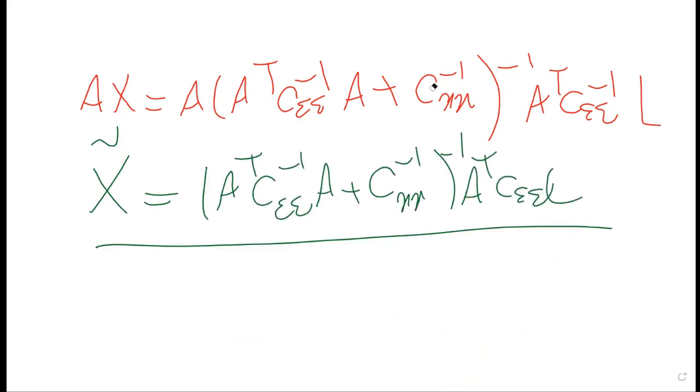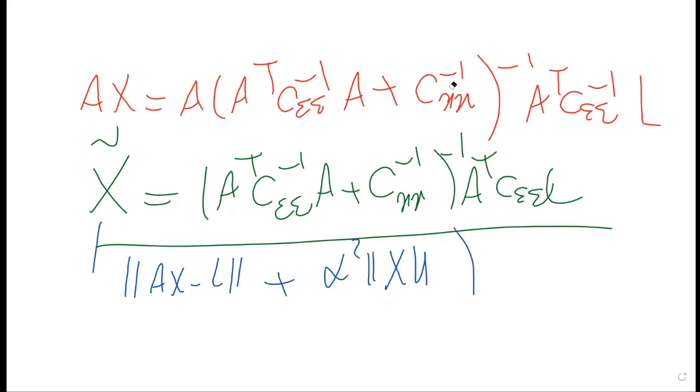Now let me go back to the Tikhonov regularization. In Tikhonov regularization, the norm of the residual and the norm of the estimated parameters are minimized, and alpha 2 is a constant and small value.